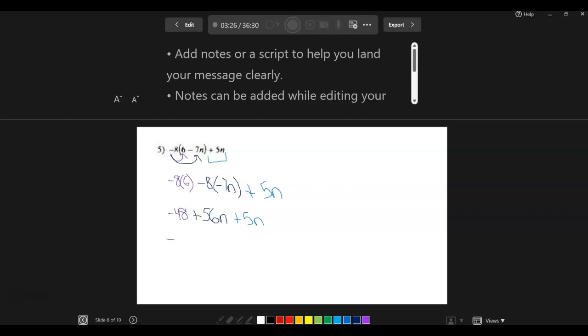Okay, bring down your negative 48. Here's your lonesome number, and then your like terms here. Positive 56n plus 5n. Notice I always include the sign in front of the numbers when I'm trying to look at like terms.